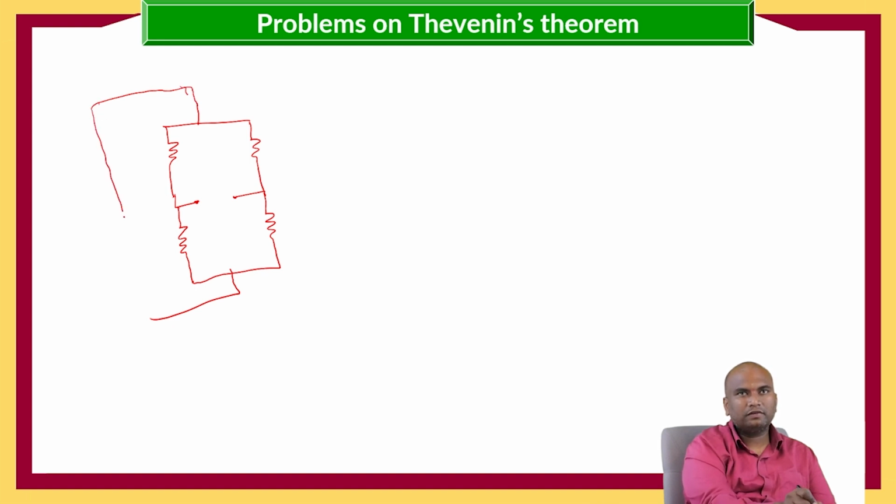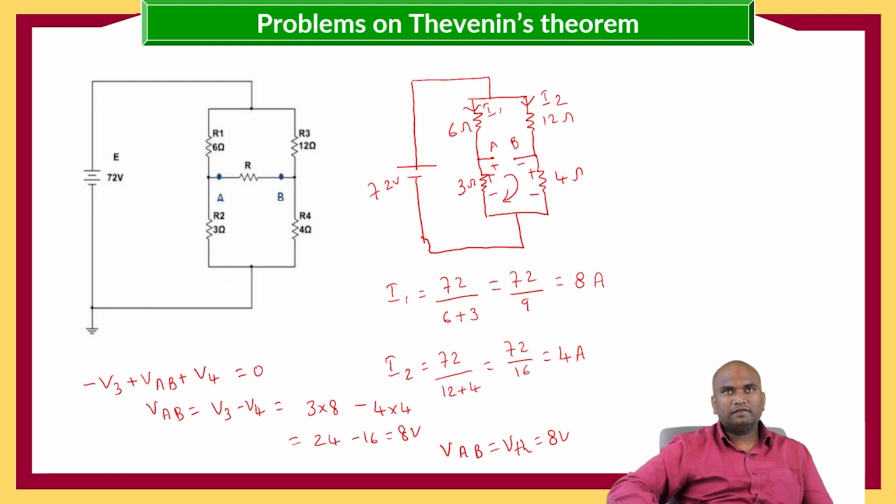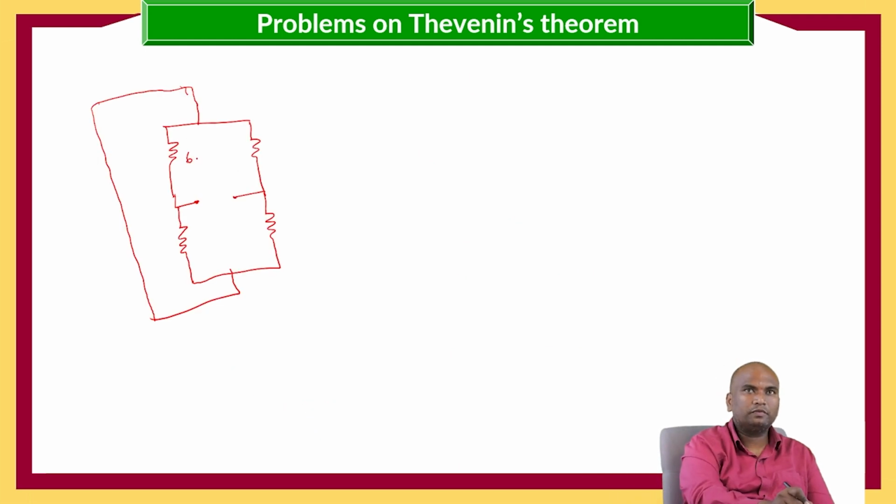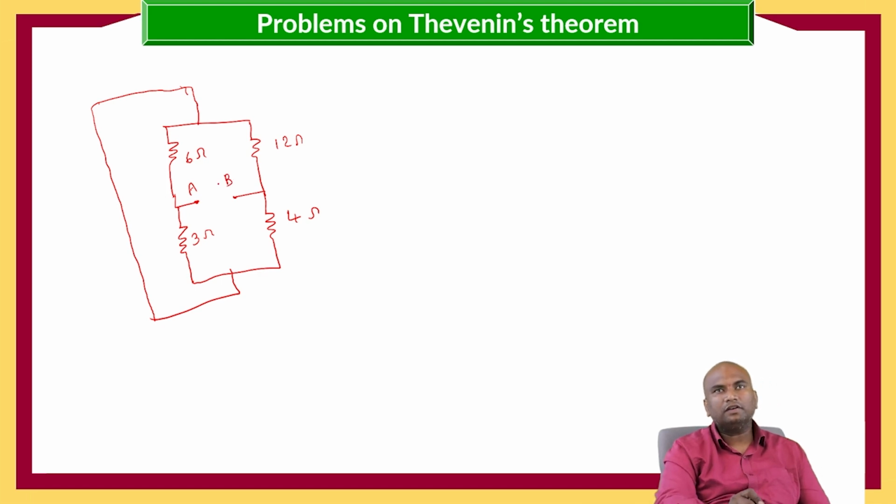It is going to be short circuited. Now the resistances are 6 ohms, 12 ohms, 3 ohms, 4 ohms. This is A and B terminals.